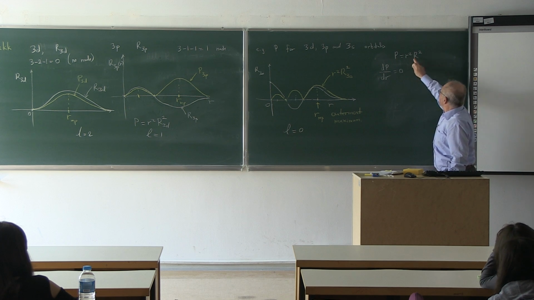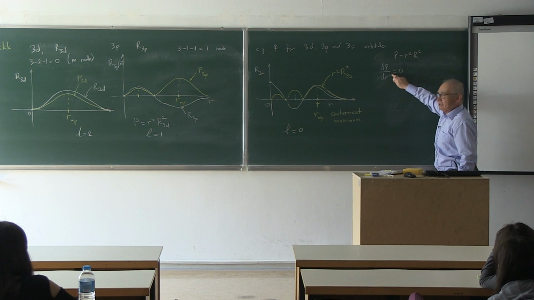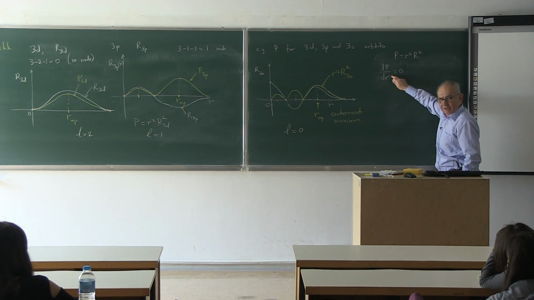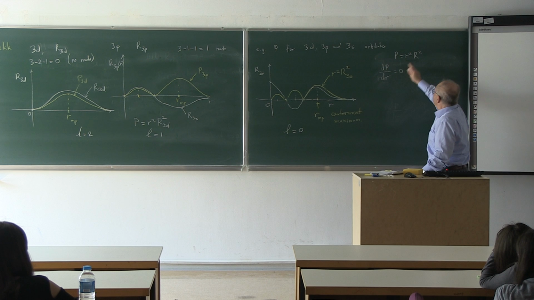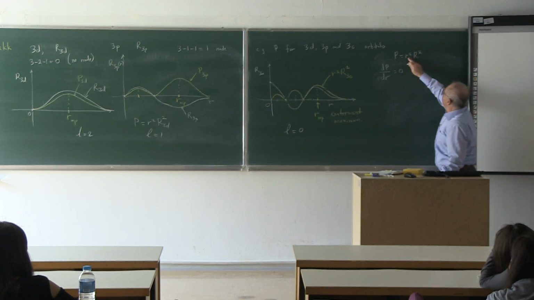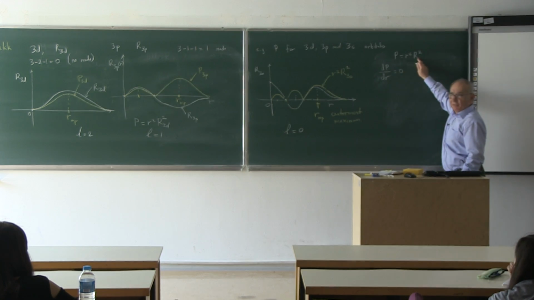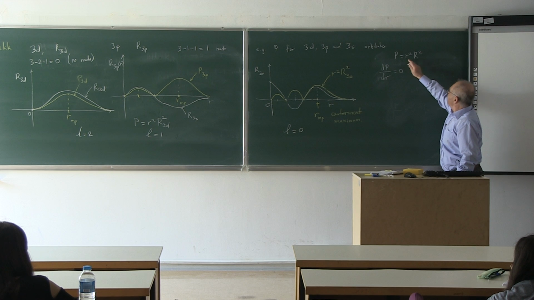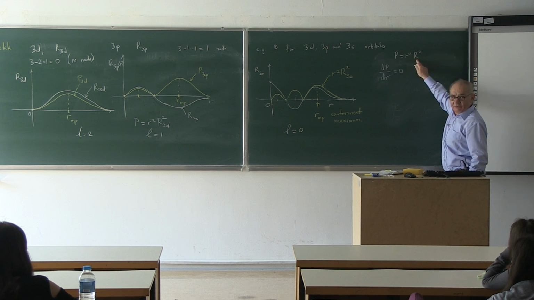We may symbolically work with this expression and substitute here. This is r squared times capital R squared. The derivative of such a factor is the derivative of the first factor times the second plus the first factor times the derivative of the second.